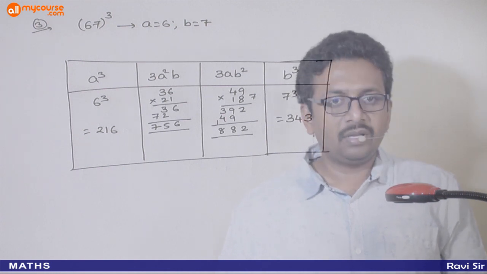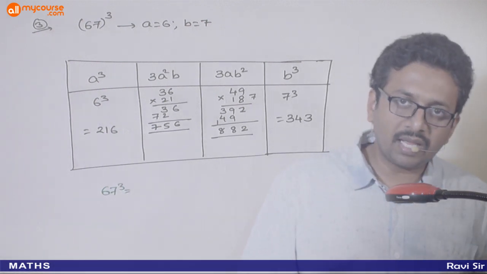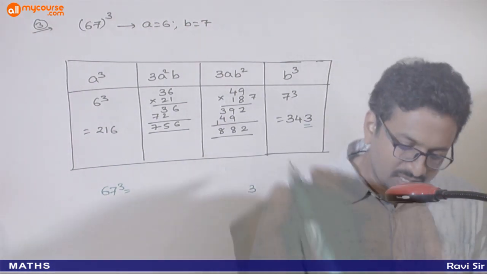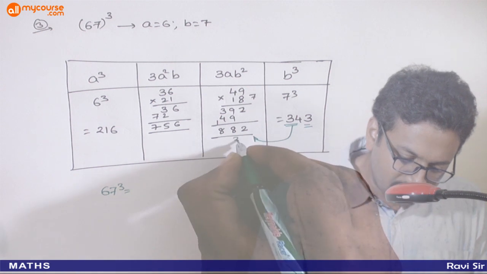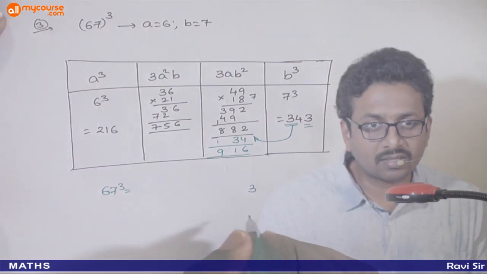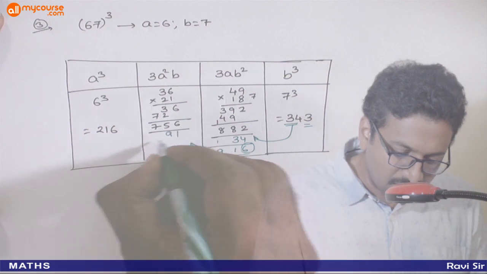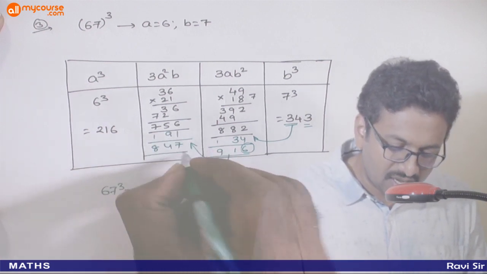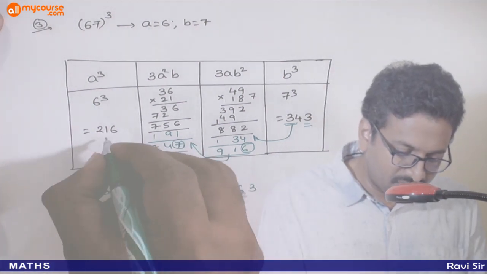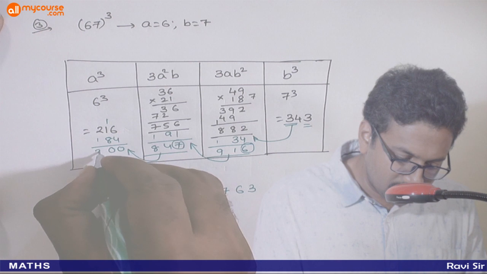Clear? Now we'll go into the process of writing 67 cube. We write one digit at a time from the right side. The last digit is 3. Then this 34 is carried forward, so add 34 to get 916. Write the last digit 6 and carry forward the 91. Adding 91 gives 847. Write the last digit 7 and carry forward 84. Adding 84 gives 300.